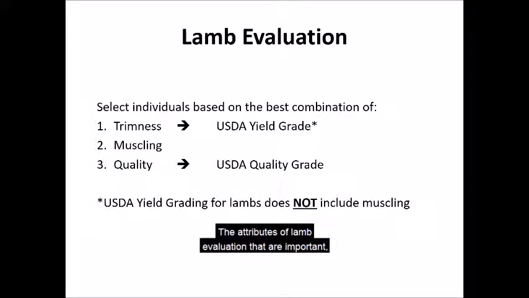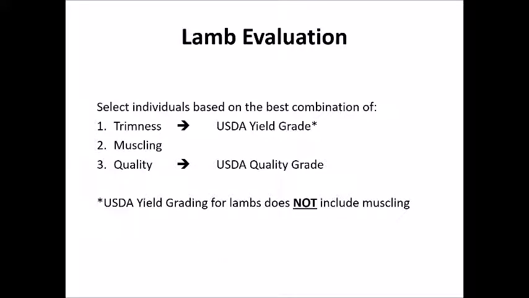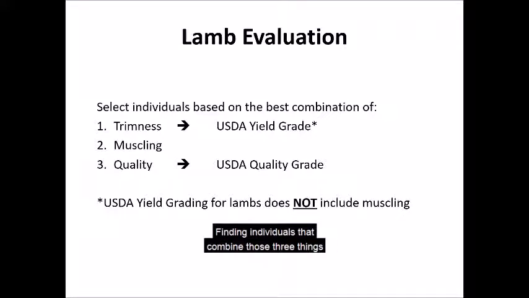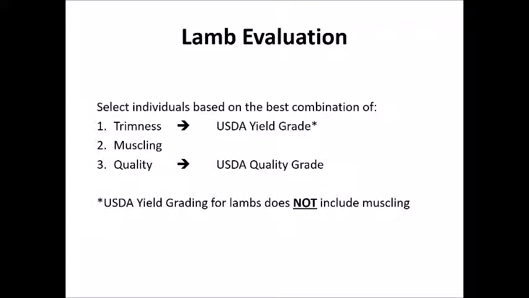The attributes of lamb evaluation that are important, whether we're evaluating live lambs or carcasses, are trimness, muscle, and quality, and finding individuals that combine those three things effectively, where oftentimes there's some antagonisms. Trimness certainly is a reduction in fat. Quality and eating quality many times is an increase of the right kinds of fat.